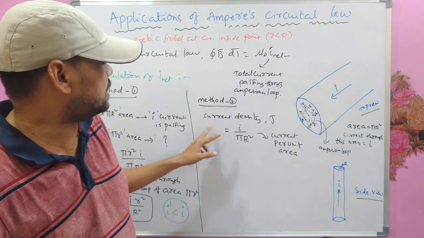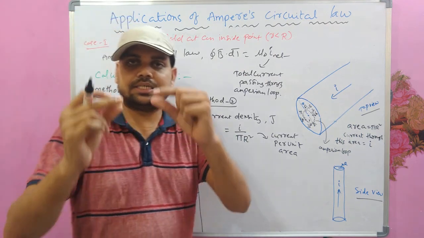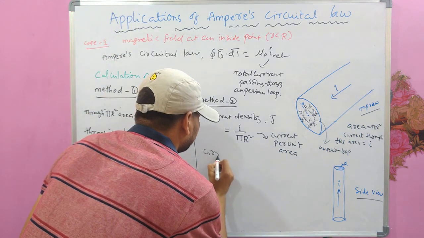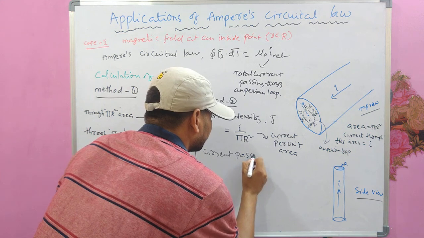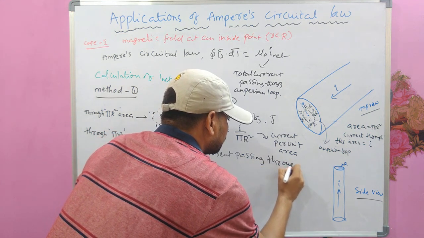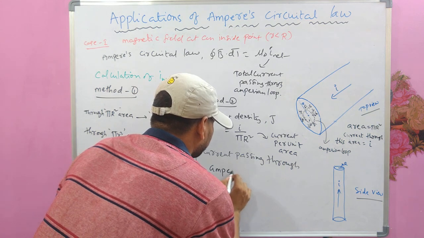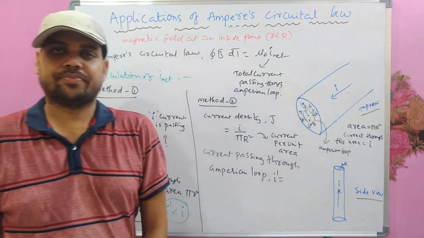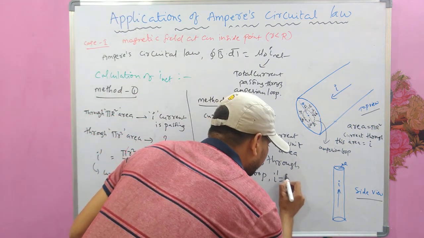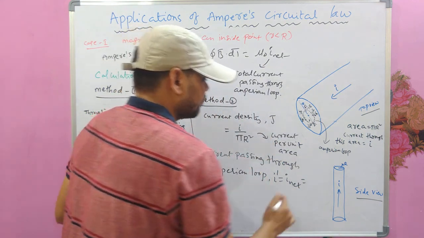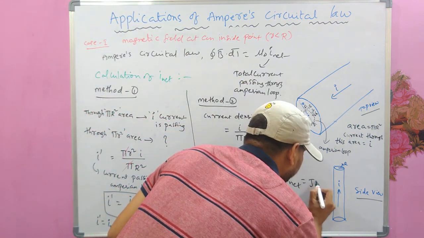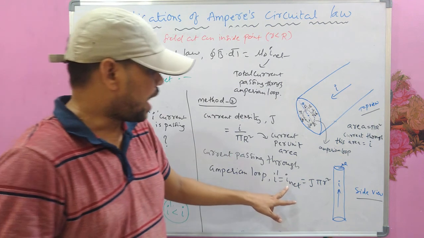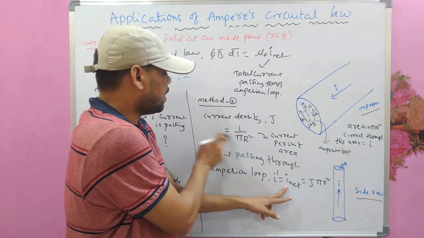So with this definition of current density, where current density is current by area, I can write the current passing through the Amperian loop, I prime, which is equal to I net, as J into pi r square, because I is nothing but current density into area.